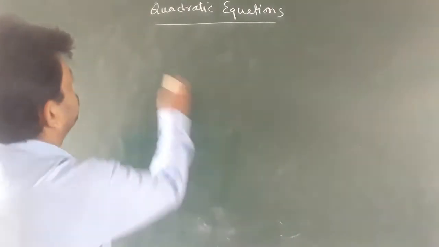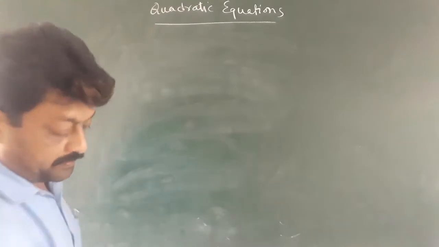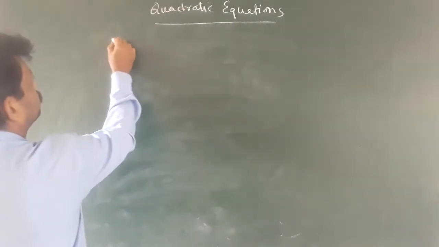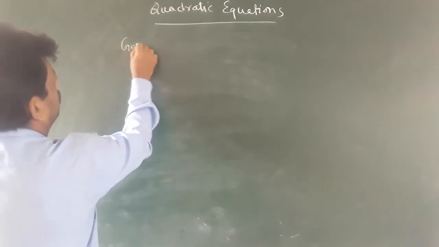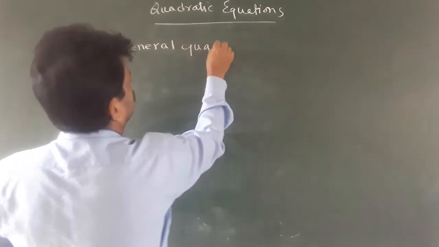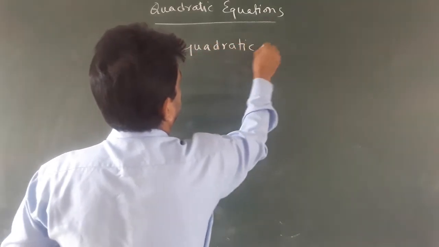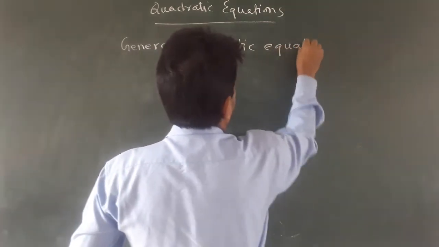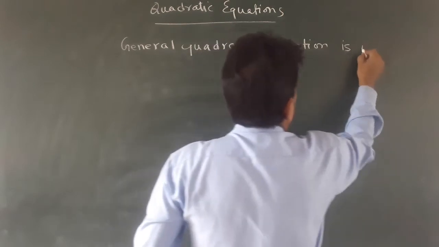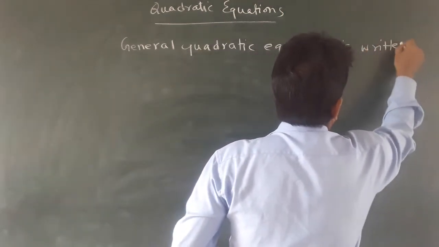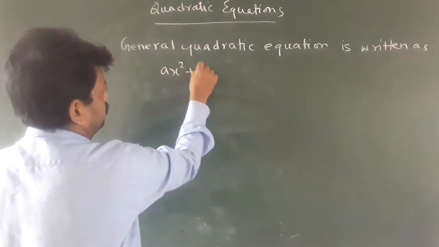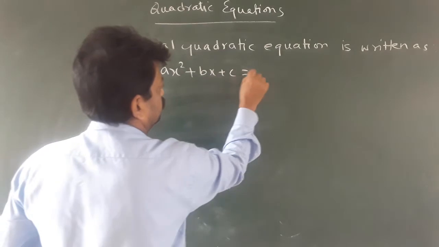So, the general quadratic equation is written as ax square plus bx plus c equals to 0.